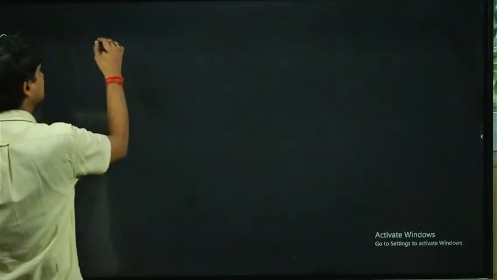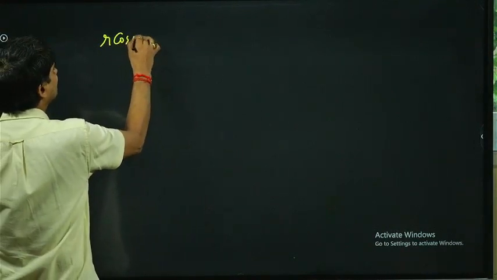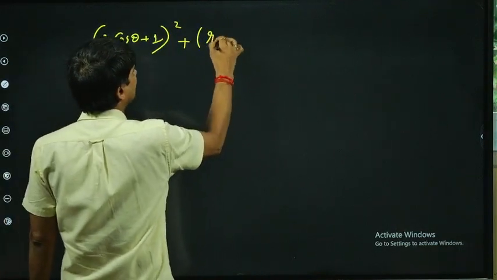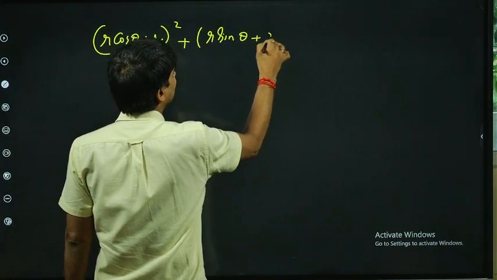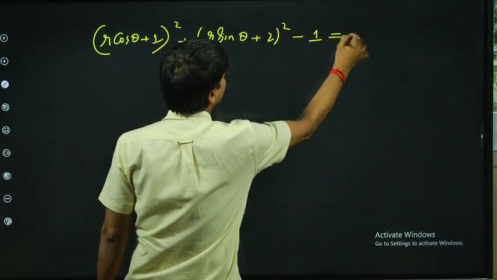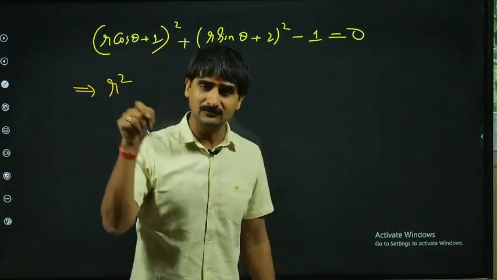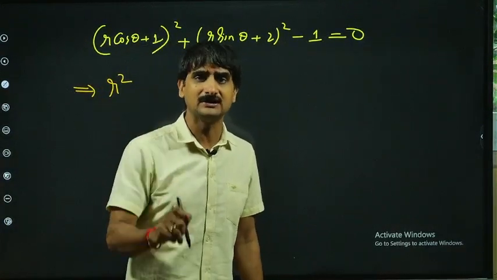What am I going to get? (r cos theta plus 1) whole square for x square, plus (r sin theta plus 2) whole square for y square, minus 1 equal to 0.